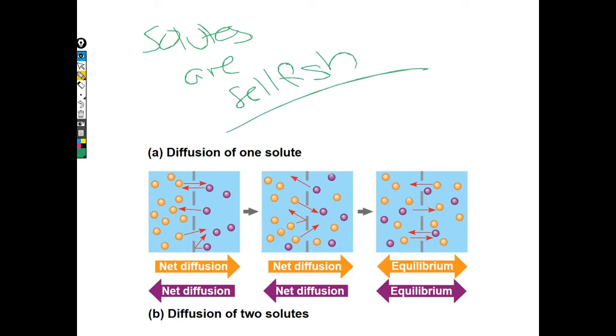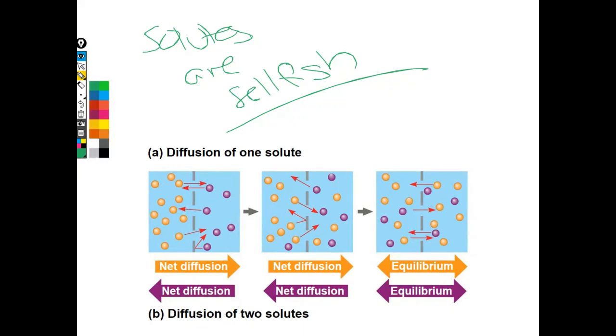What I mean by this is that each solute, each different thing that is diffusing across, only cares about itself. It doesn't care about anything else that's in there. So when we're talking about areas of high concentration, it only cares about its own concentration gradient.